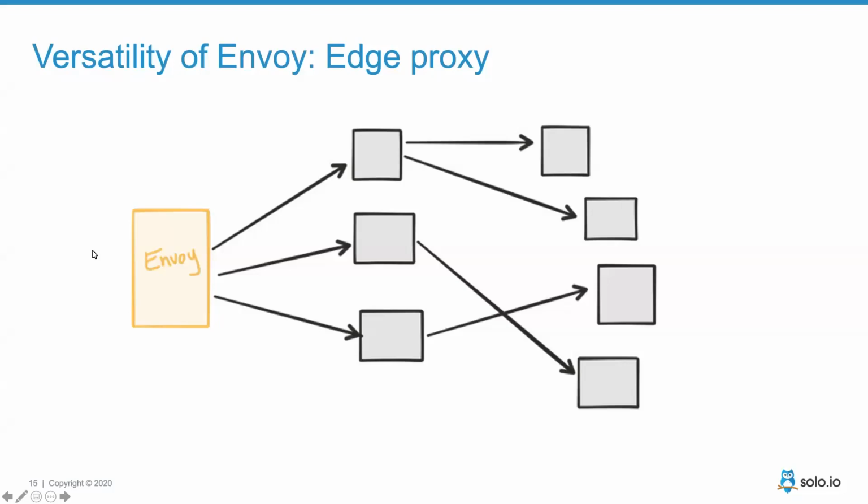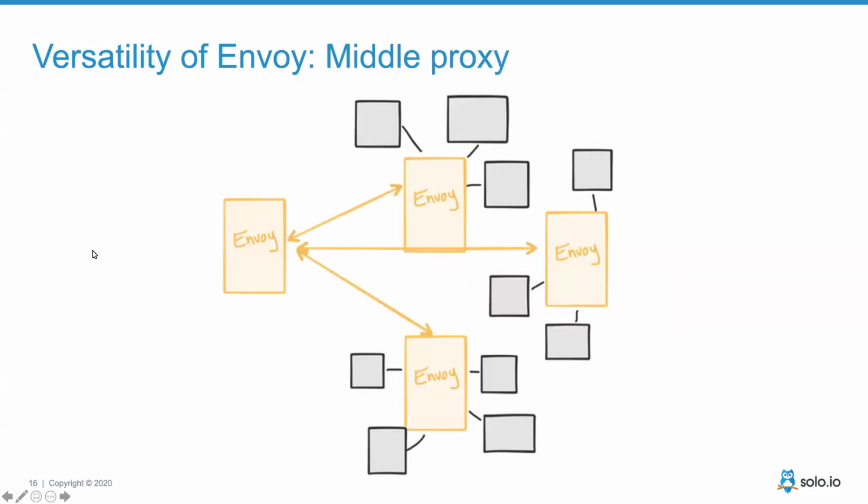In this diagram you see Envoy in the role of a gateway for traffic coming into a set of applications. Envoy is also versatile enough that it can play the role of a central or shared gateway, or a middle proxy, for a set of applications.